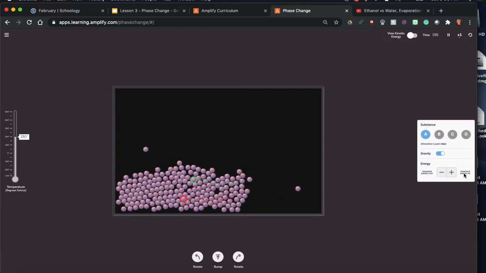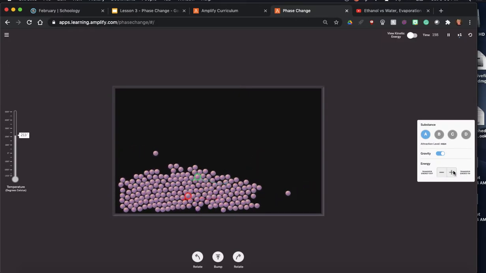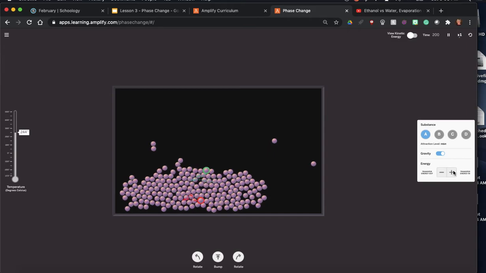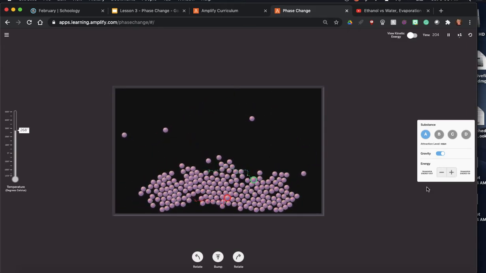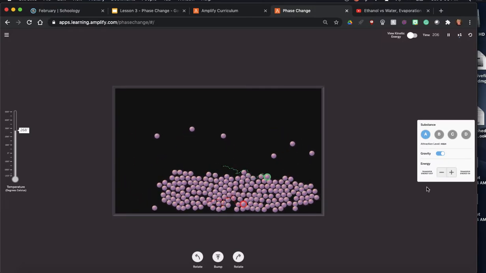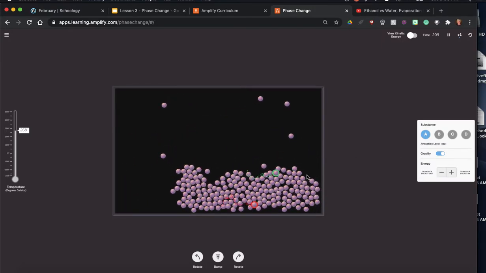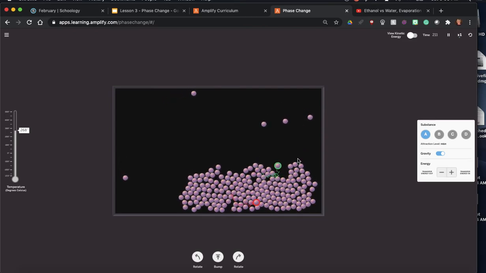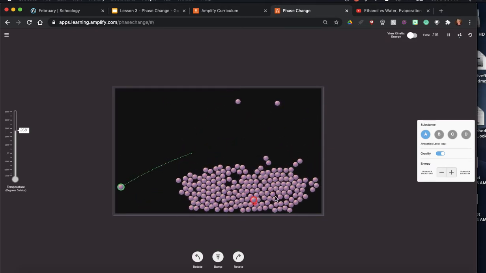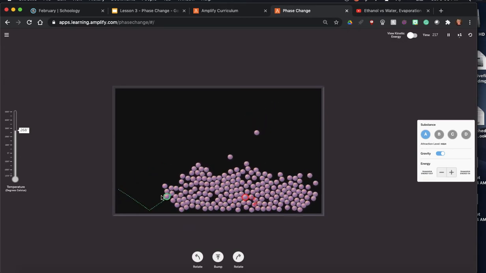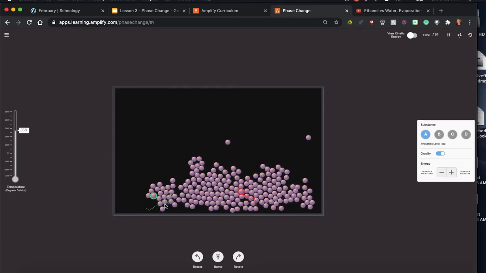Let's add 10 more. And we're just going to let it settle. Lots more gas molecules. Interestingly, when these gas molecules hit, they might bounce off each other, but then eventually they come back. They're pulled back.